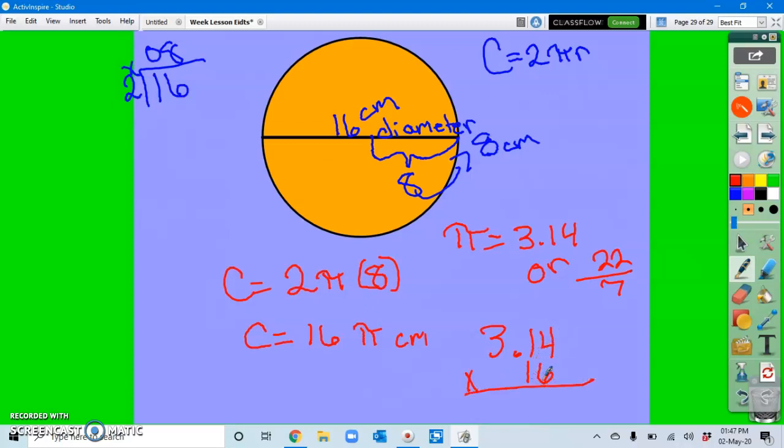So 6 times 4 is 24. 6 times 1 is 6, plus 2 is 8. 6 times 3 is 18. Let me make some space. I'm going to erase this.